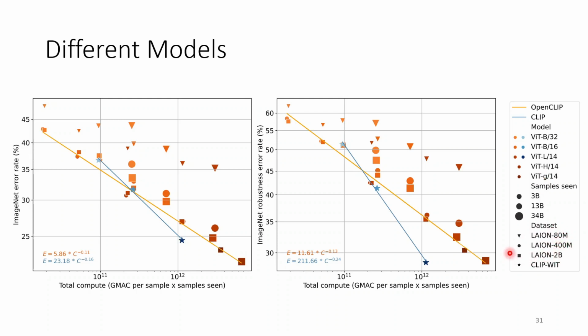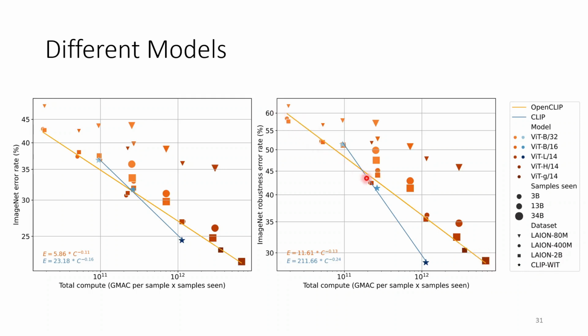So for the 2 billion, you should see the square one. This is trained on the 2 billion square, and the color means the different ViT architectures. The largest architecture with the largest data set is this one, so it generates the best results. So it makes sense.